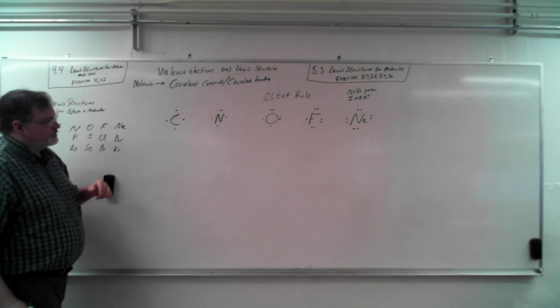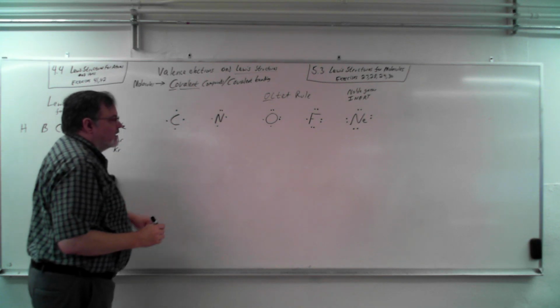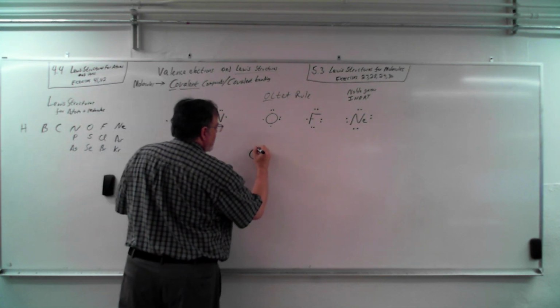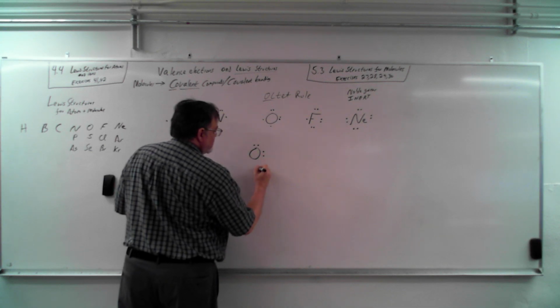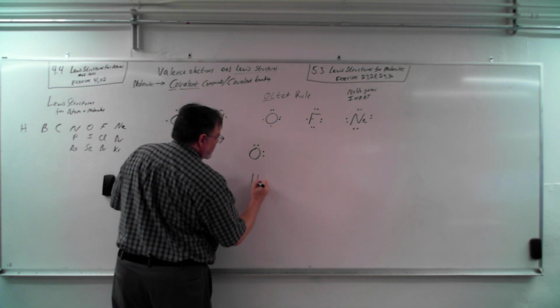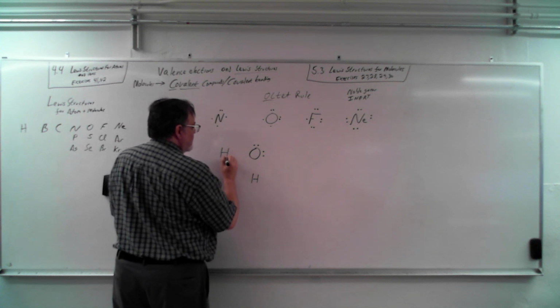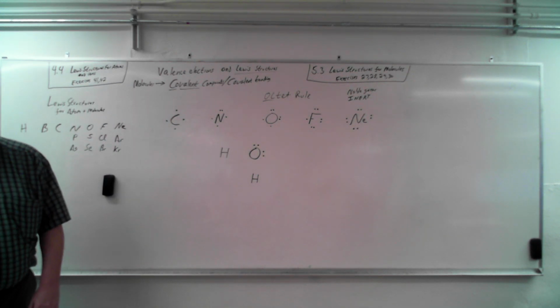molecules. So here's what covalent means. Let me just show you an example. Here's oxygen. Hydrogen, how many valence electrons does it have? It actually only has 1 electron, period.